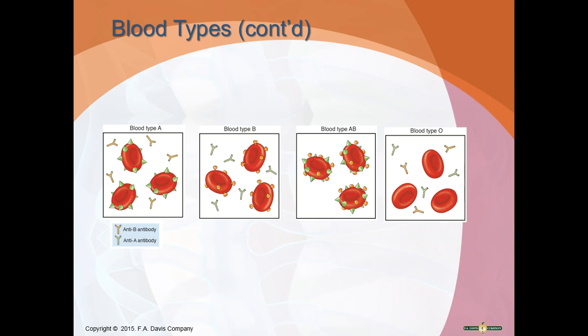So you have the A antigen, which causes this person to have type A blood, and they have anti-B antibodies. Type B blood has anti-A antibodies. Type AB blood has no antibodies, and type O blood has both anti-A and anti-B antibodies.